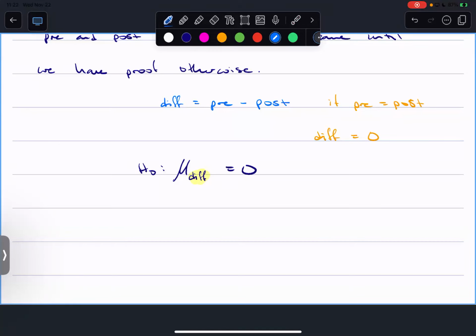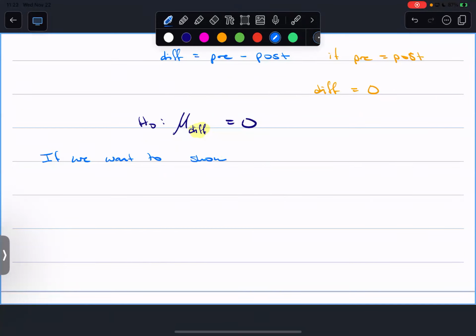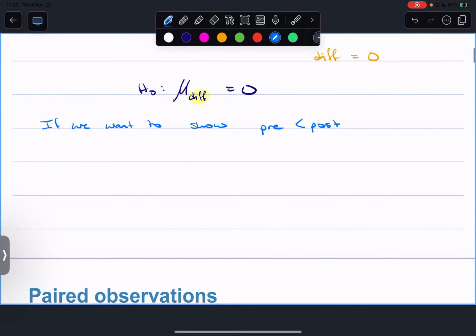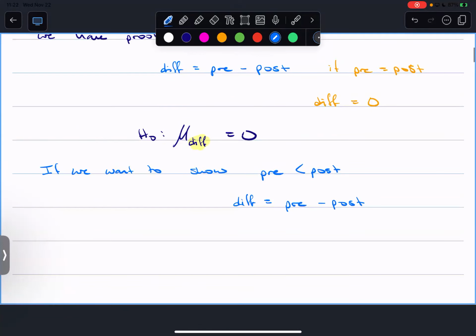If we want to show that pre is less than post, the difference, pre minus post, would be less than 0, right? So in that case, your alternative hypothesis would be that mu diff is less than 0.